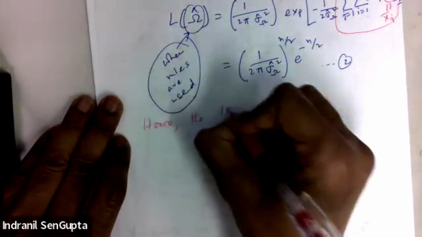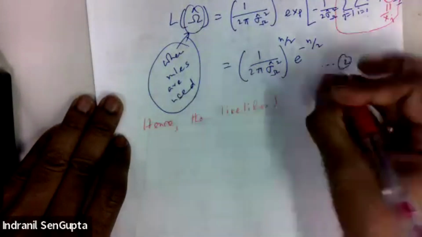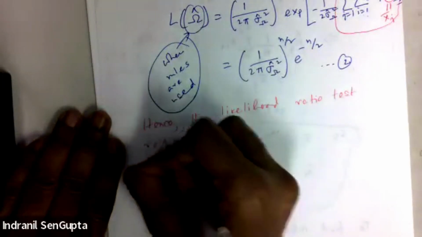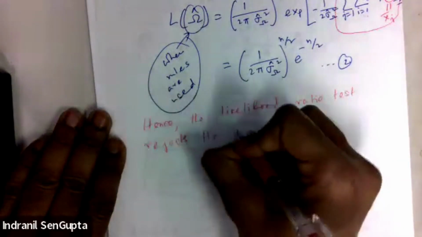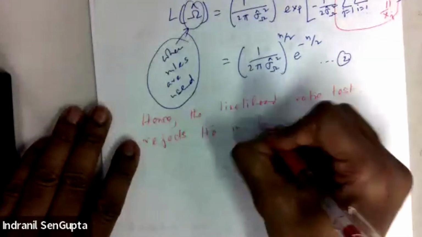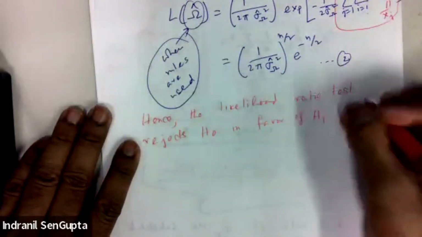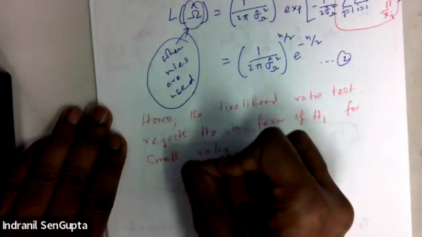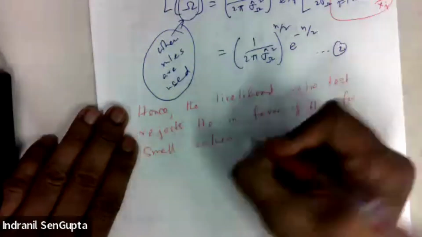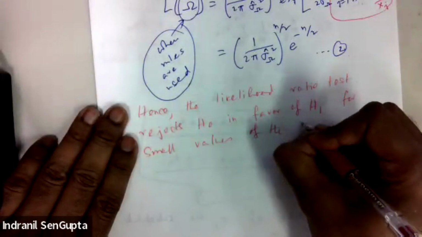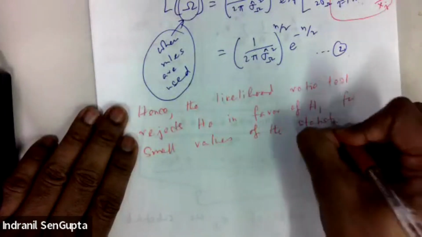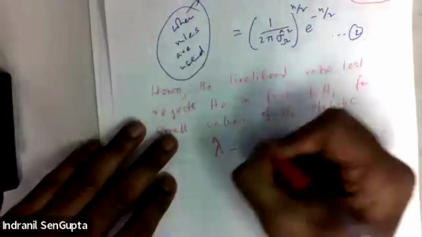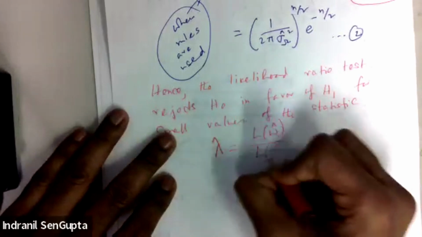Hence, the likelihood ratio test rejects H0, that all the means are the same, in favor of H1 for small values, as we have seen before, of the statistic gamma hat, which is given by L of omega hat over L of big omega hat.